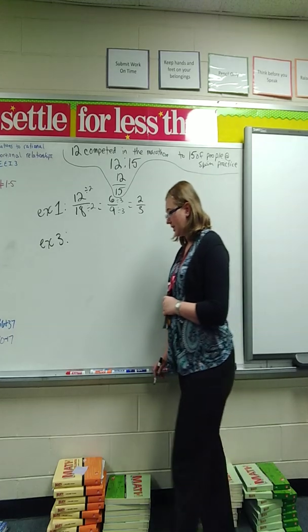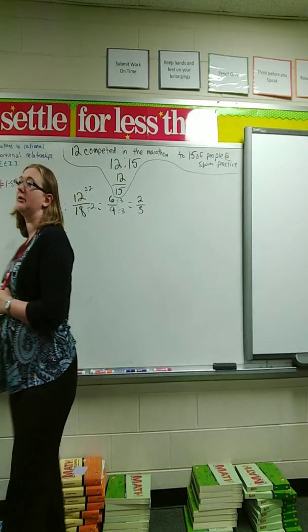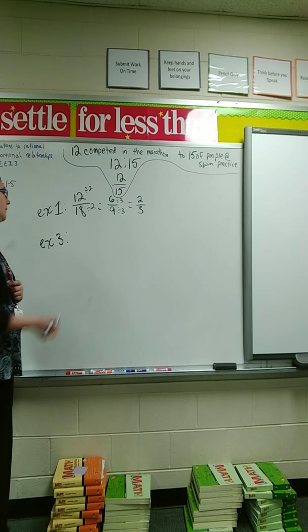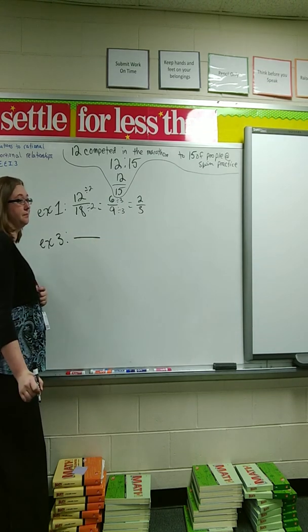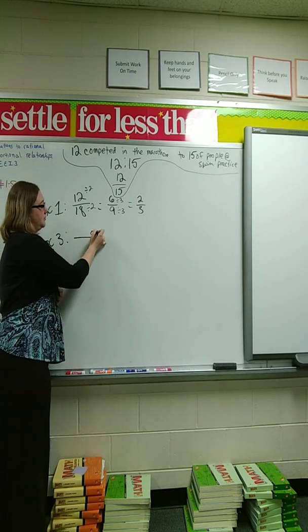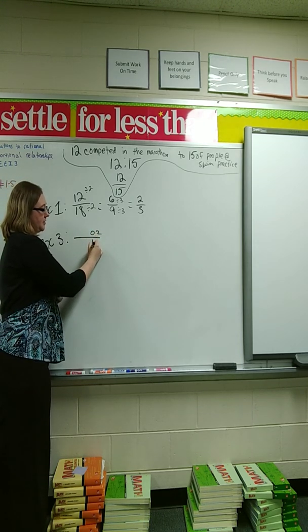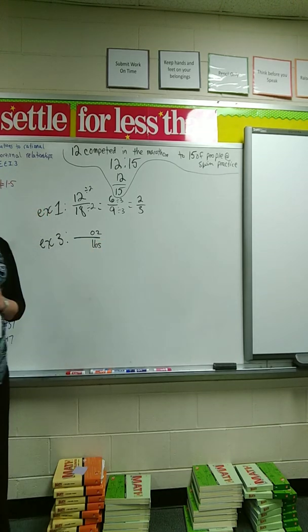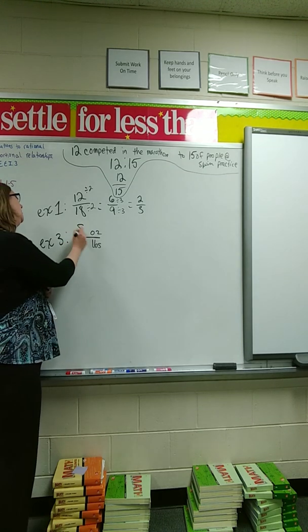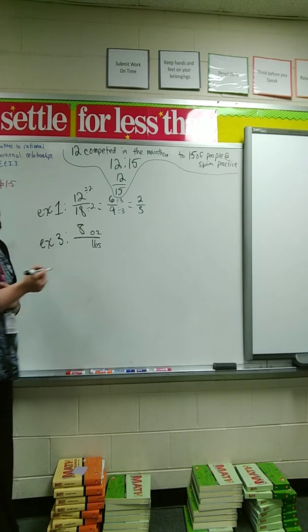Okay, so we have ounces compared to pounds, correct? Which one goes on top? Ounces. That means that pounds is on the bottom. How many ounces do we have? 8 ounces. And how many pounds? 3.